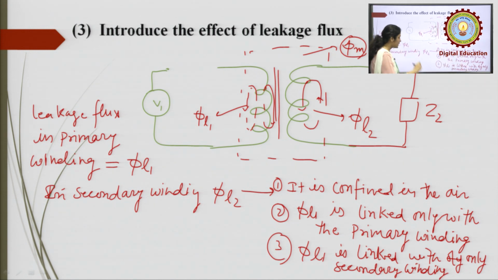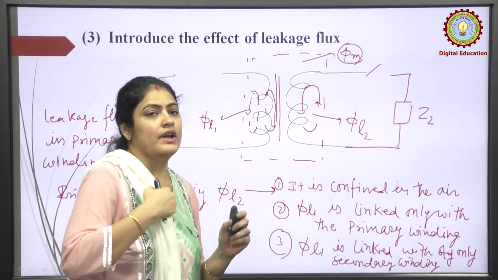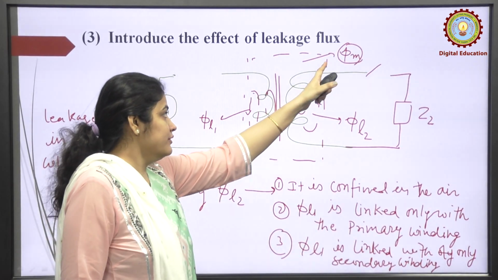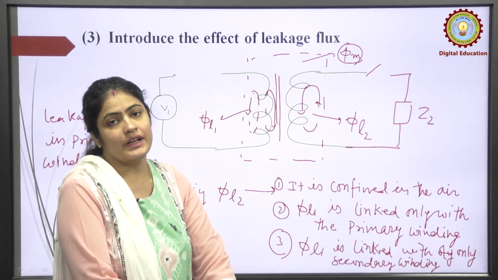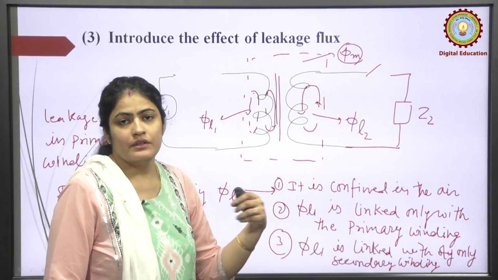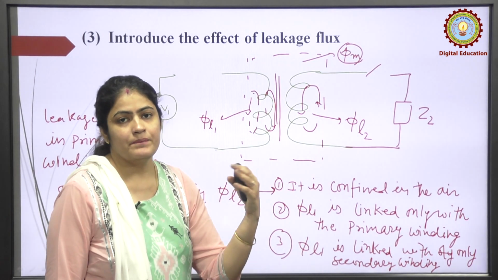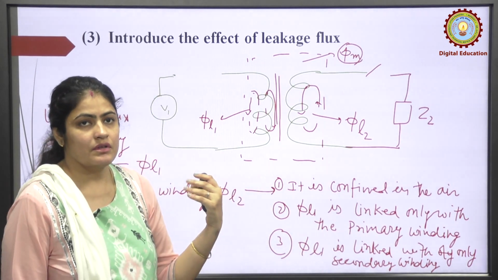That means this flux is not useful flux. Only phi m, the magnetizing flux, is the useful flux that takes place in the transformer action.